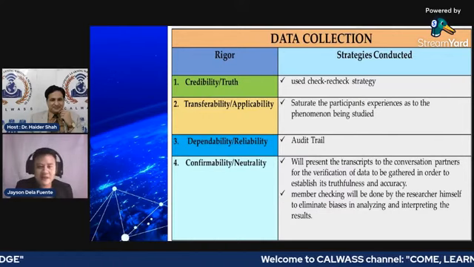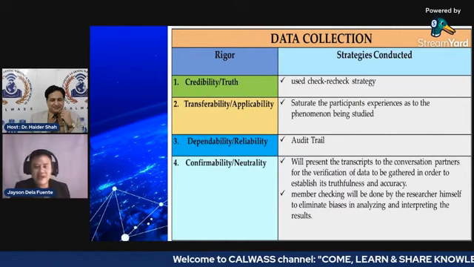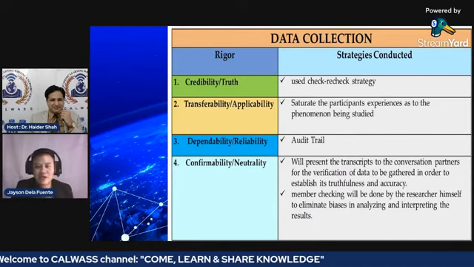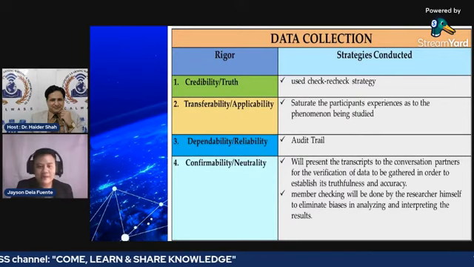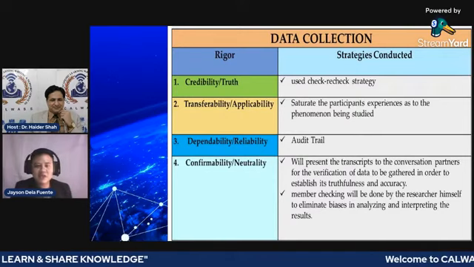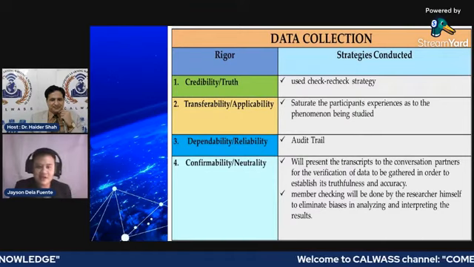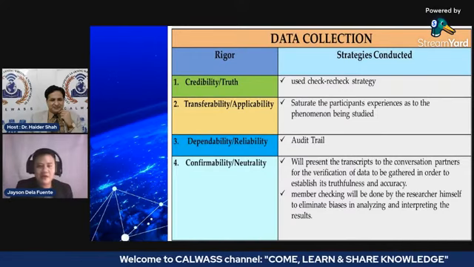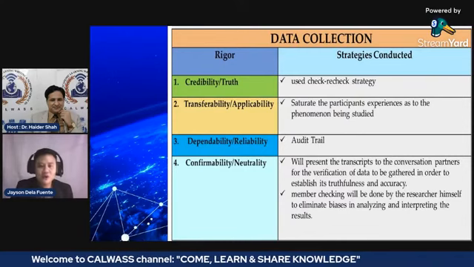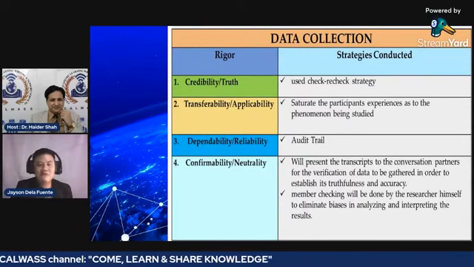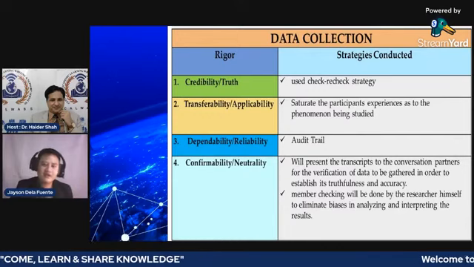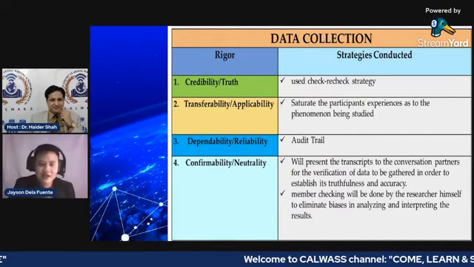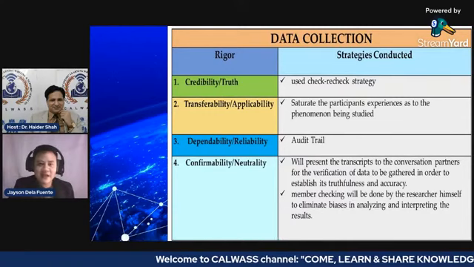You present your data for verification and validation by your participants. This is to establish truthfulness and accuracy. You can use the member checking technique to have confirmation of your findings, so that we qualitative researchers have confidence that our findings are really valid and reliable.